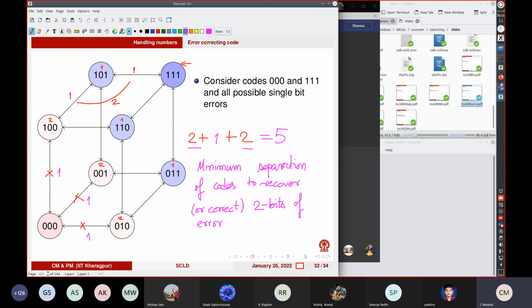And as you have just seen in this example, the distance is, so this is for 2 bits of error, and this one is 3, a separation of 3 for correcting.